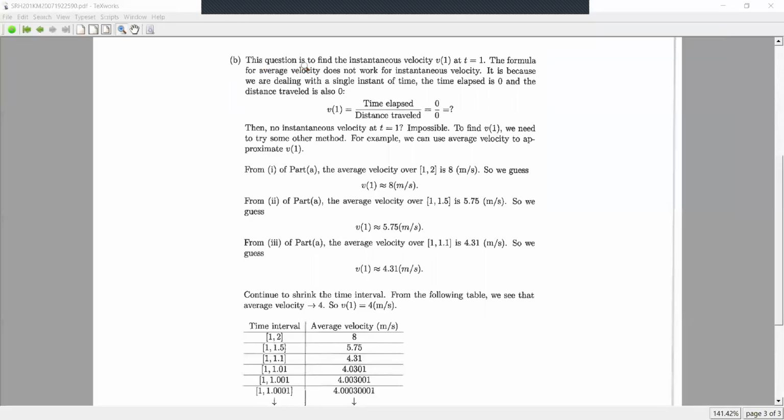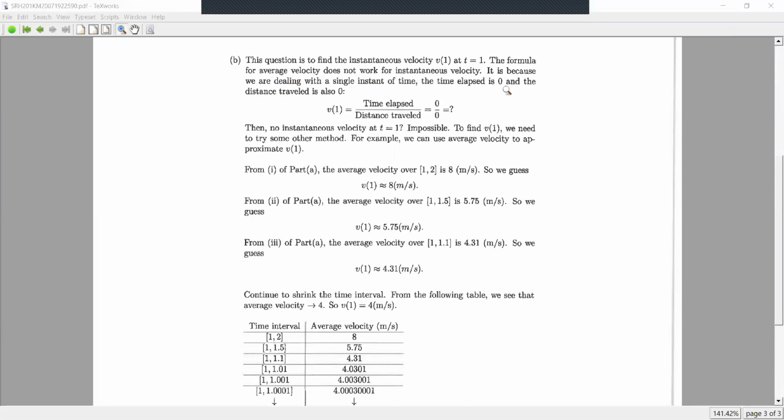Question B is to find the instantaneous velocity at the time is 1. The formula for average velocity doesn't work for instantaneous velocity. Why? It is because we are dealing with a single instant of time.